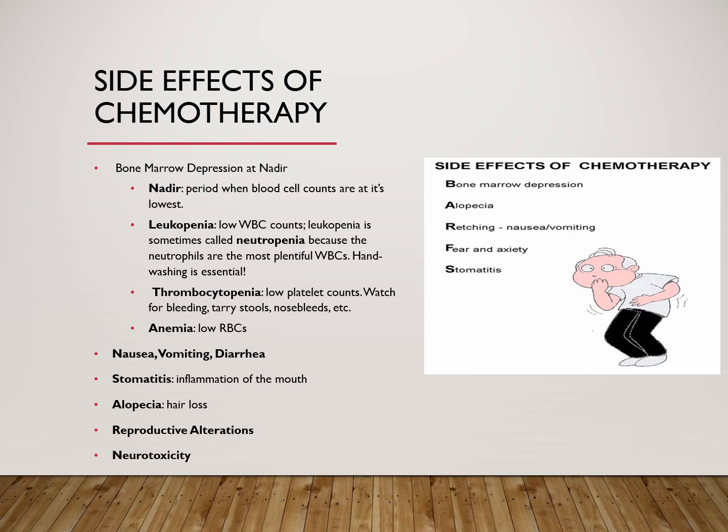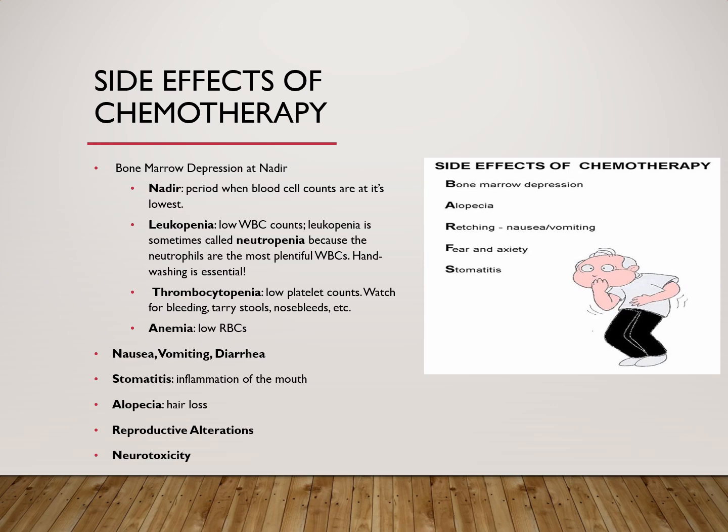Chemotherapy is very toxic to bone marrow, which is where blood cells are produced. Your number of blood cells, particularly your white blood cells, drop after approximately 7 to 14 days of chemotherapy, depending on the type of chemo drug, of course.